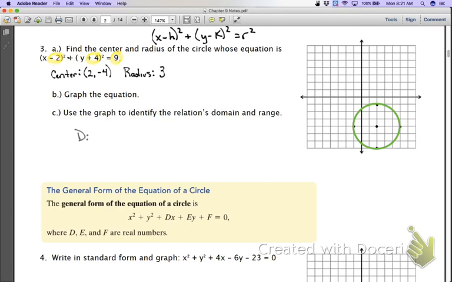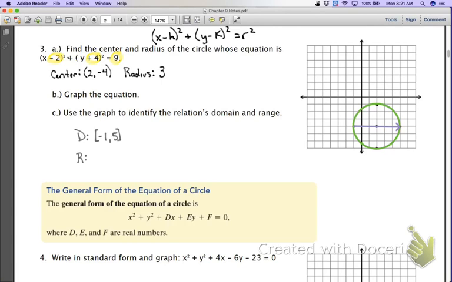Basically from the furthest left point to the furthest right point. What's my x value here? -1 to 5. It is closed in. It is a bracket because it is included.